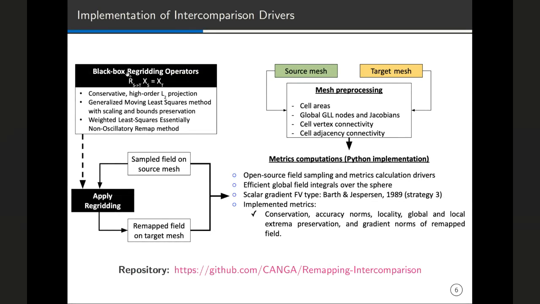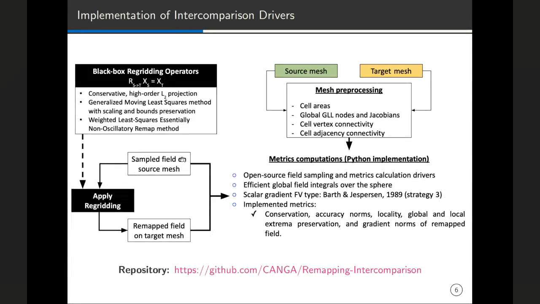We take these different remapping algorithms as black box operators, and we apply them multiple times in terms of remap iteration. What I mean by remap iteration is I have a sample solution on the source grid, I transfer the data to the target grid, and then I bring it back to the source grid. That's one remap iteration.